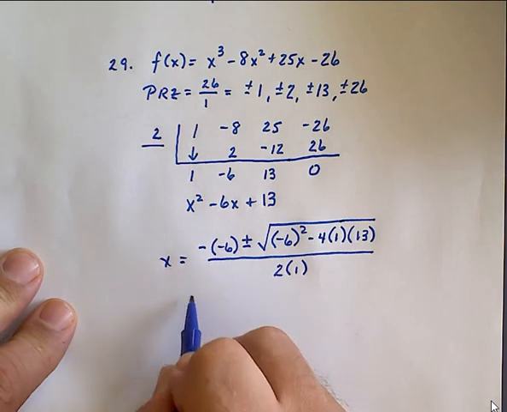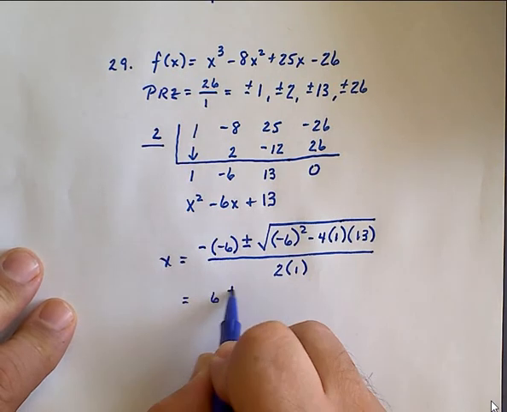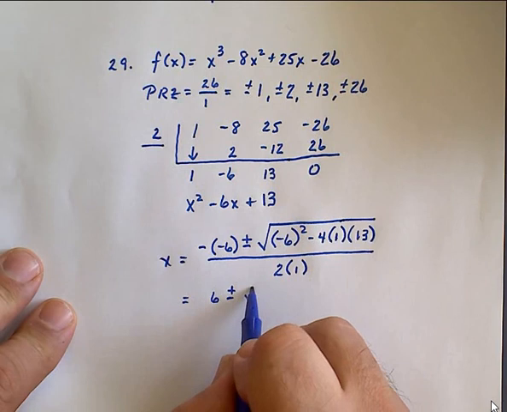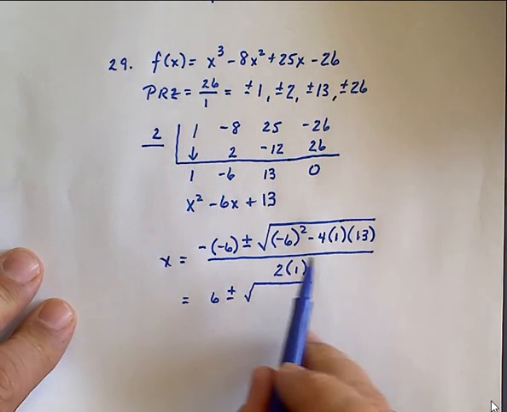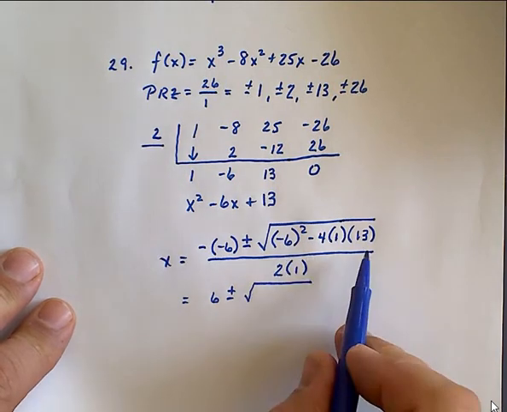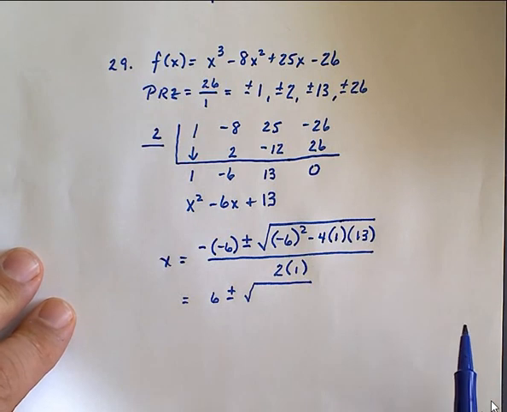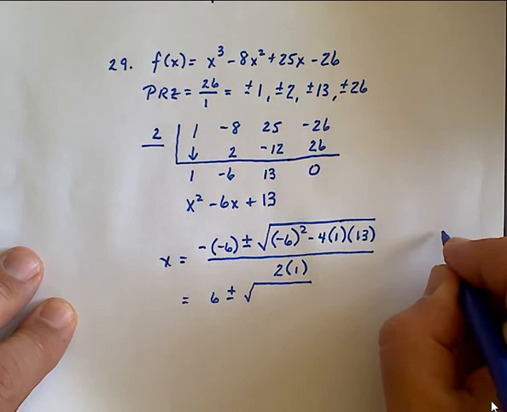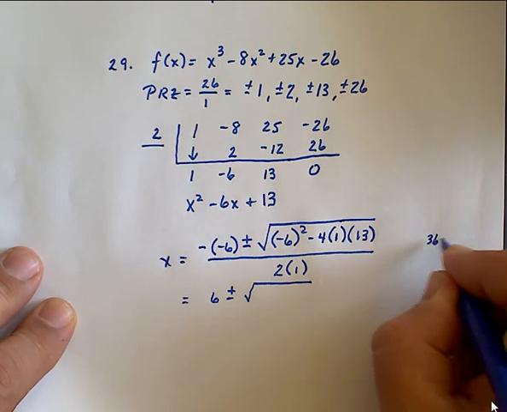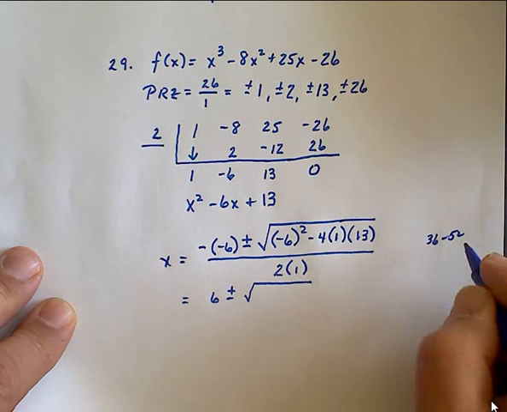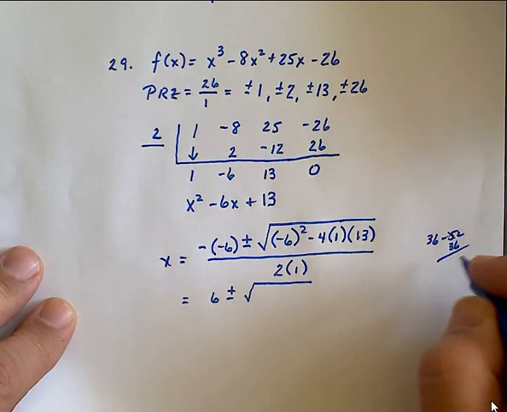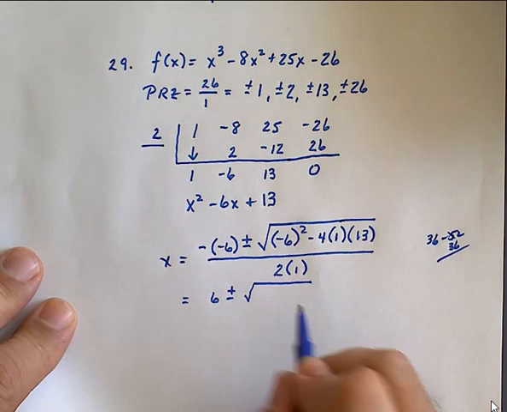So 6 plus or minus the square root of 36 minus 52, which is -16.